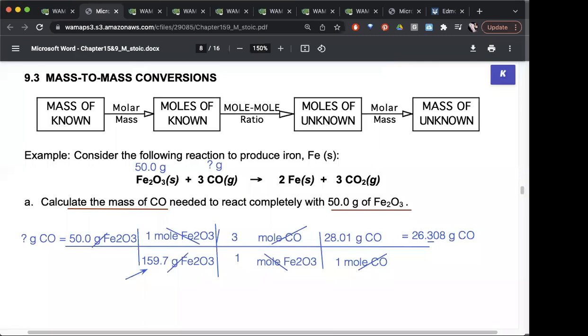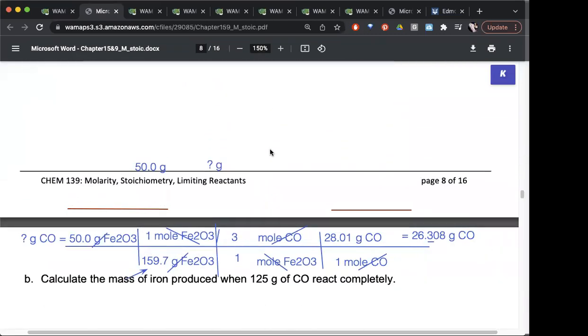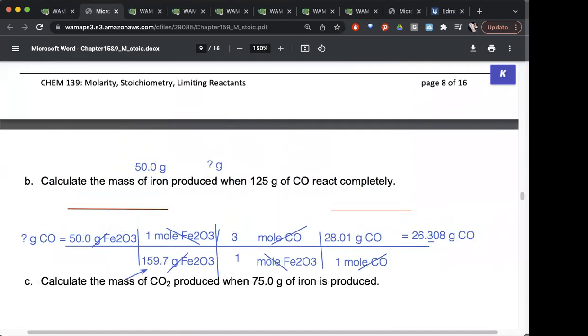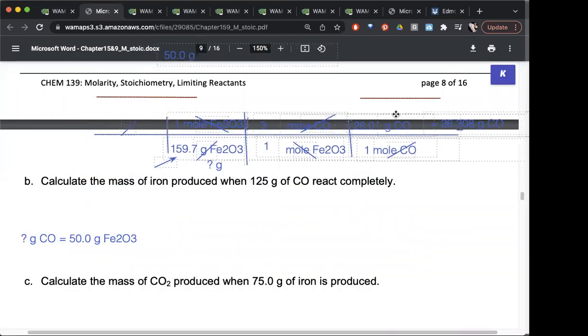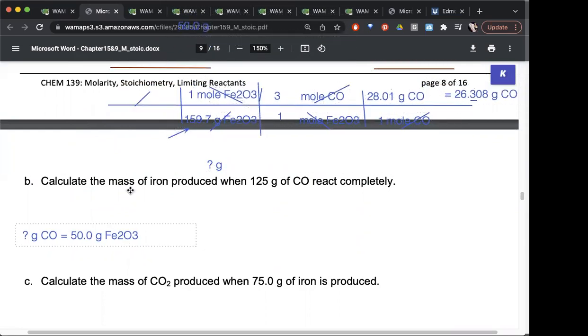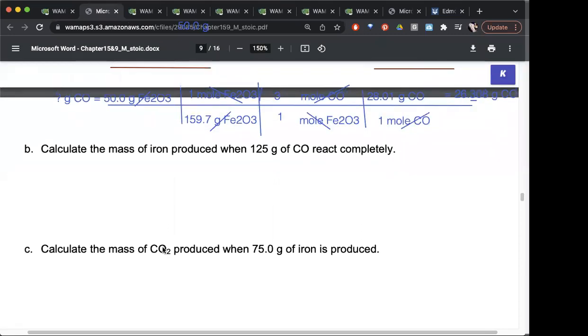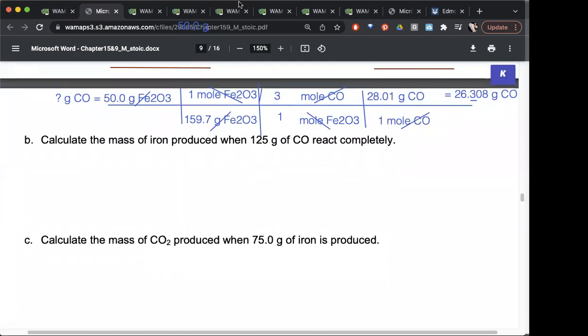Okay, let's get some practice doing that. Okay, on your paper, you will need to refer back to the equation.